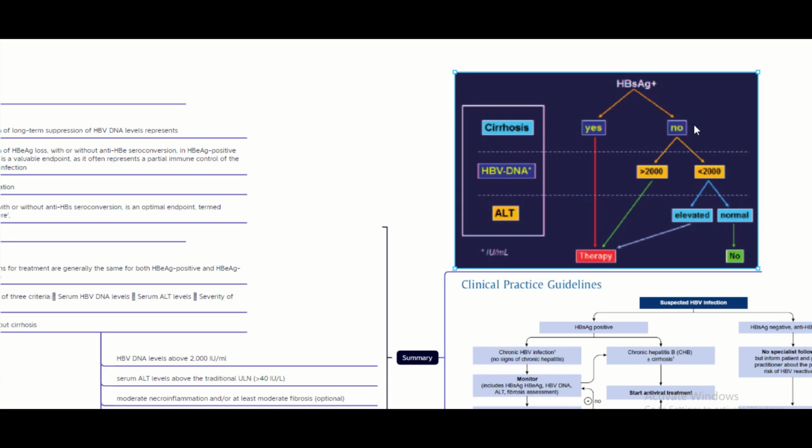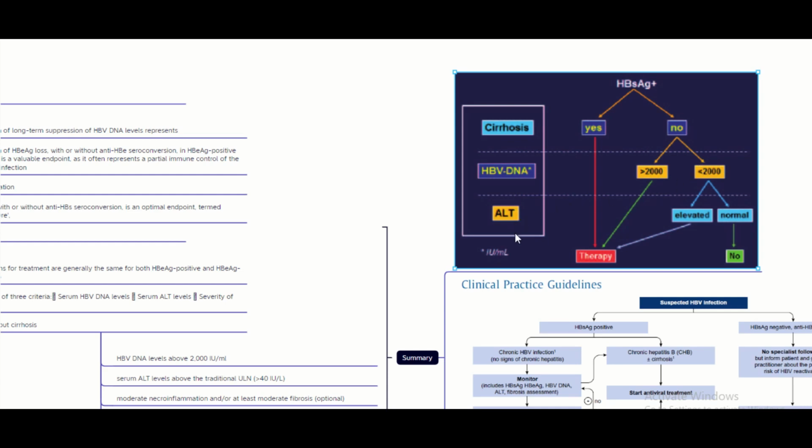If the patient has HBs antigen with no cirrhosis, we check the DNA level. If the DNA level is more than 2000, we go into therapy. If the HBV DNA is not more than 2000, then we check the ALT. If the ALT is elevated, we go into therapy. If it's normal, we don't go.